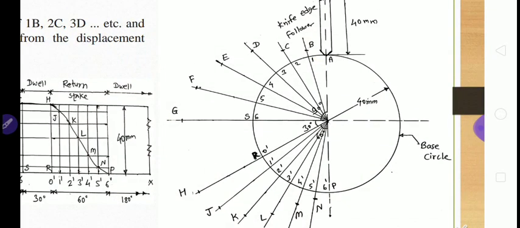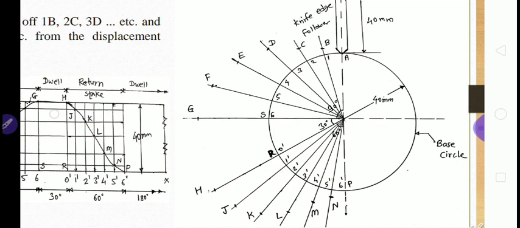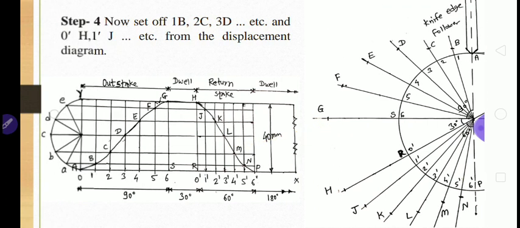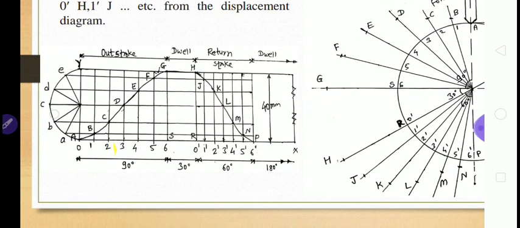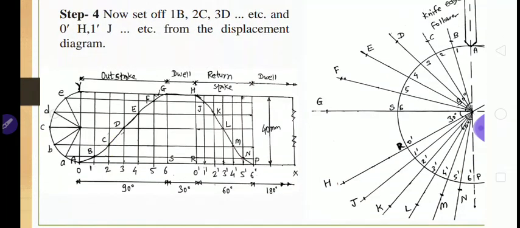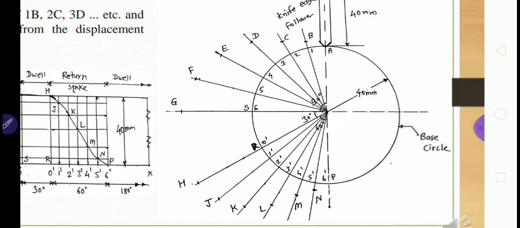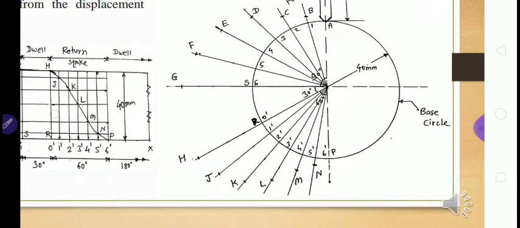From point 1, put one end of the compass and mark distance B on this vertical line. So you will get this distance B1. Secondly, take the 2 to C distance into the compass, and mark from this point 2 to the C point that distance.